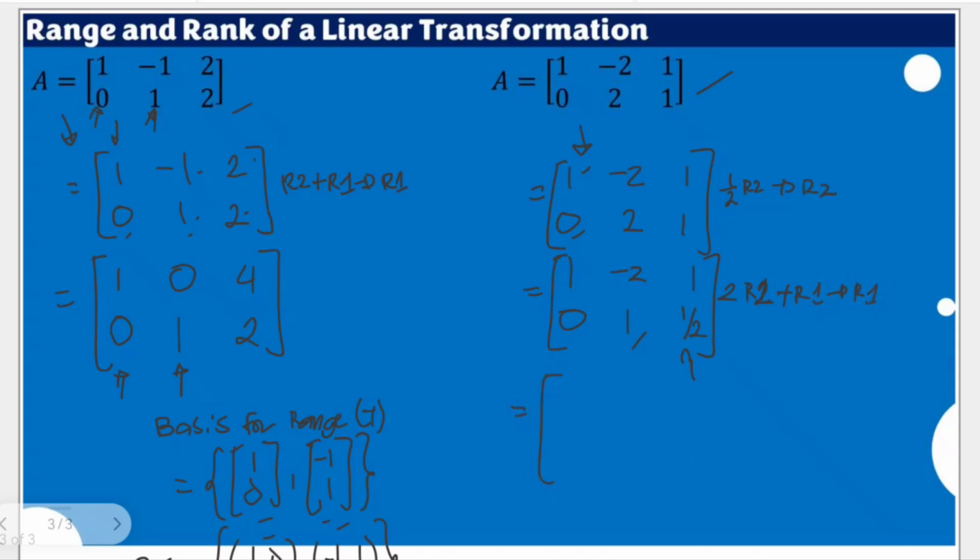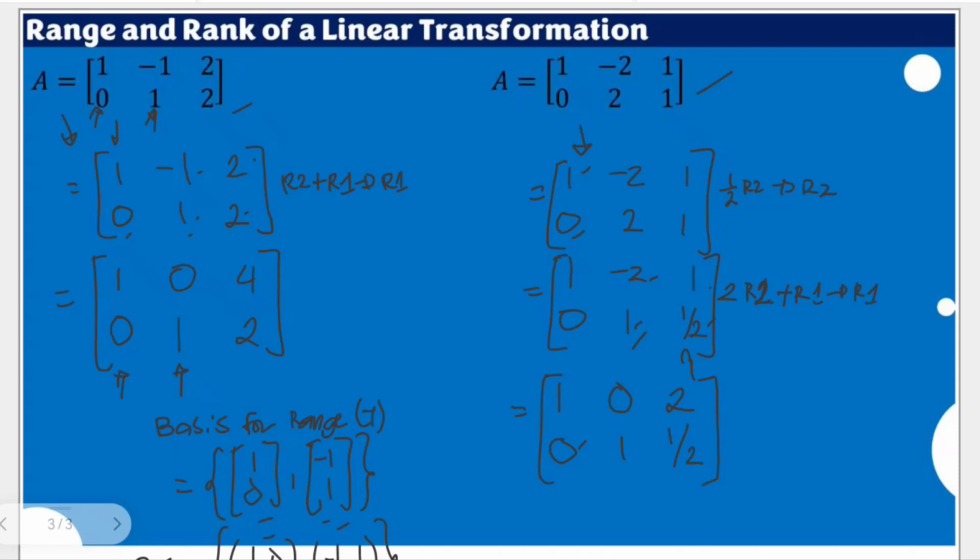Hence, on our second row, this is still 0, 1, and 1/2. This is still 1 because 2 times 0 is just 0 itself. 2 times 1 is 2, plus -2 is 0. 2 times 1/2 is 1, plus 1 gives 2. So this now comprises our reduced row echelon form of the second matrix.